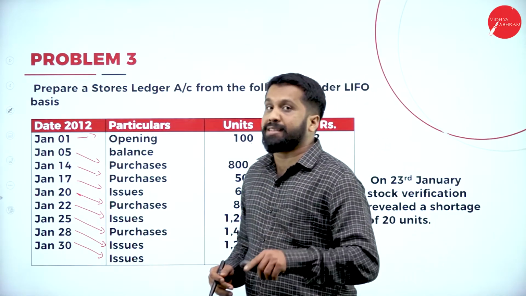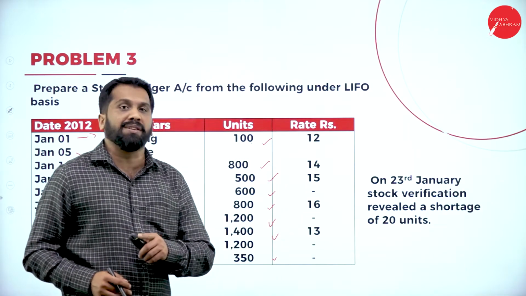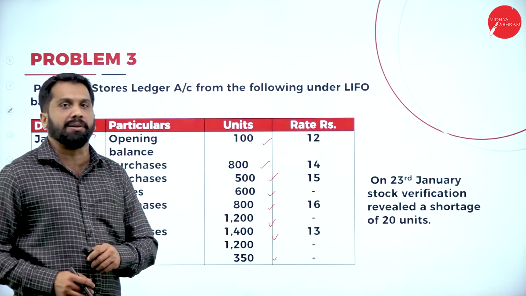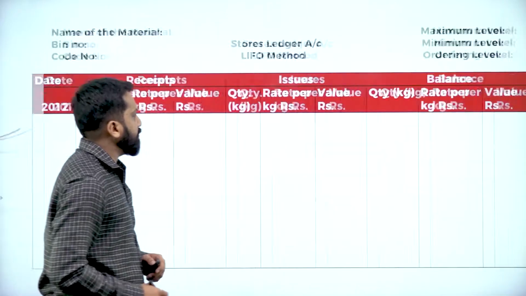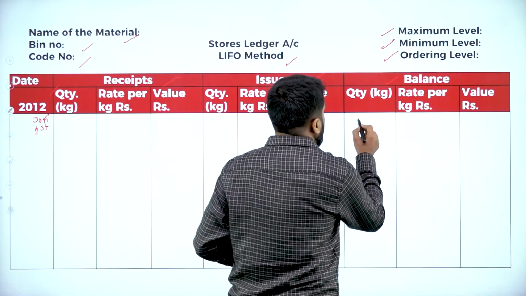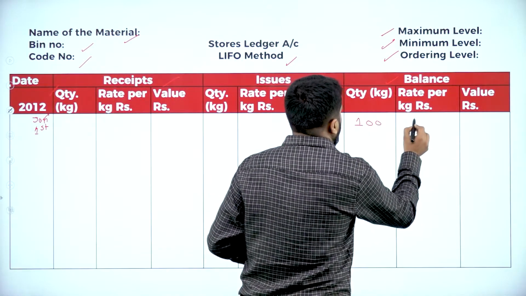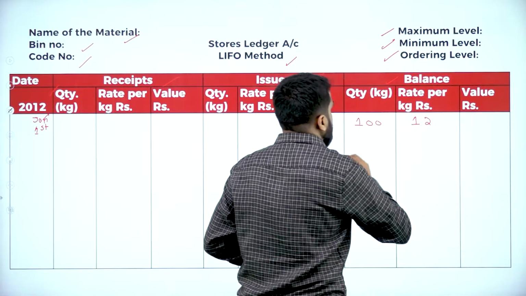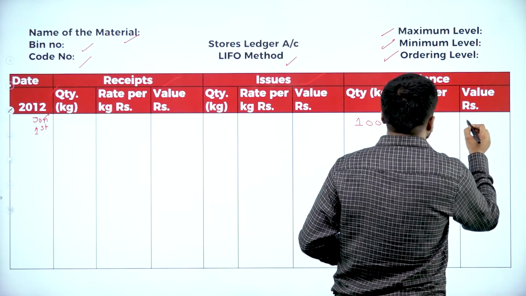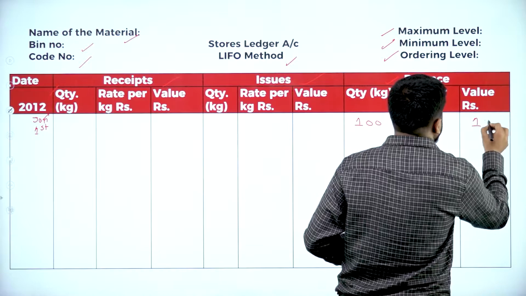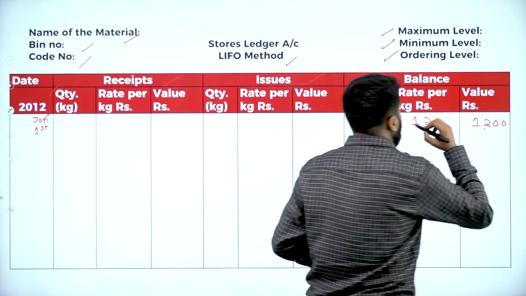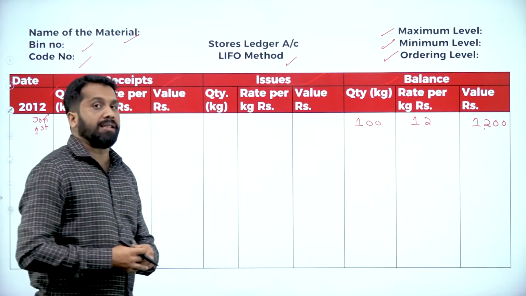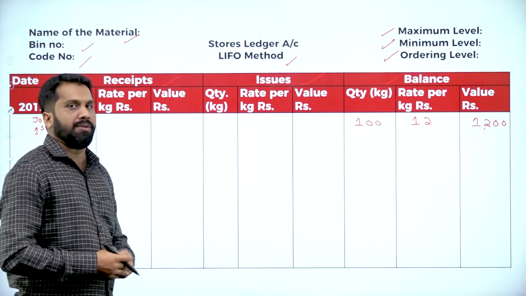Should balance come under the receipt column or the issue column? It will come under the balance column. Quantity 100, rate 12. So it is around 1200. Now I'll go to the next one.